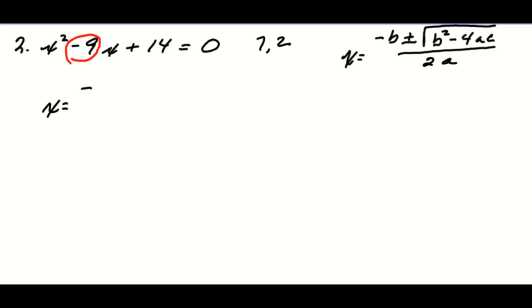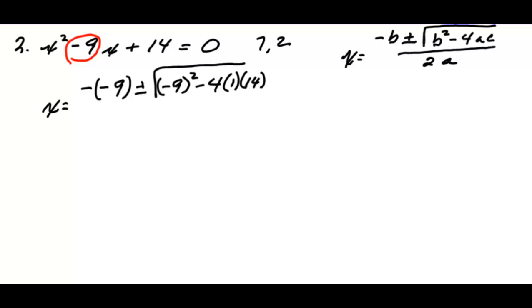So what we put in is minus a negative 9, plus or minus the square root of b squared, which is negative 9 squared, minus 4 times a, and a in this particular case, because there's nothing in front of the x squared, turns out to be 1, times c, which is 14. This all is over 2 times a, which is again 1.